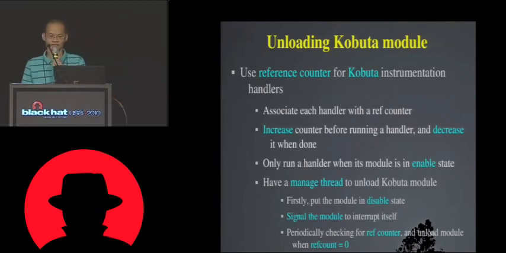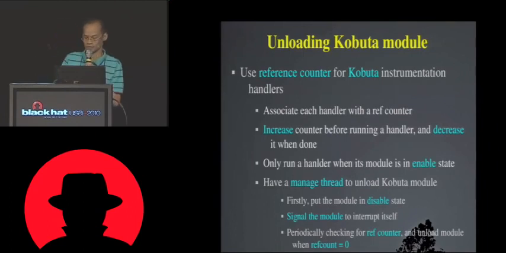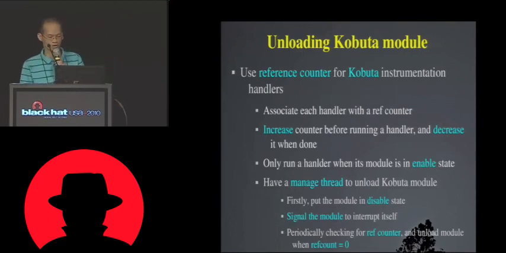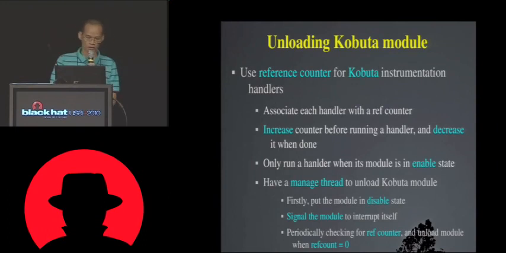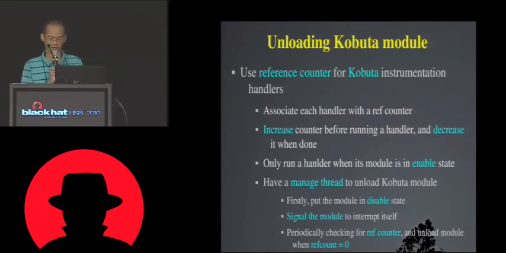So we have some technique to make sure that you can safely unload the Kubota module from the memory. We use a reference counter for each Kubota instrumentation handler. And we associate each handler with a reference counter internally. And we increase the counter before running the handler and decrease it after the handler is done. And we only run the handler when the module is in enable state.